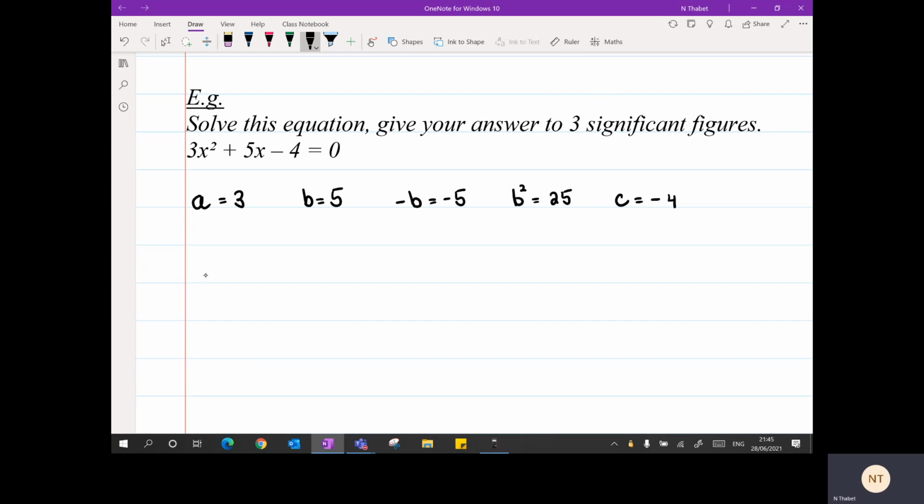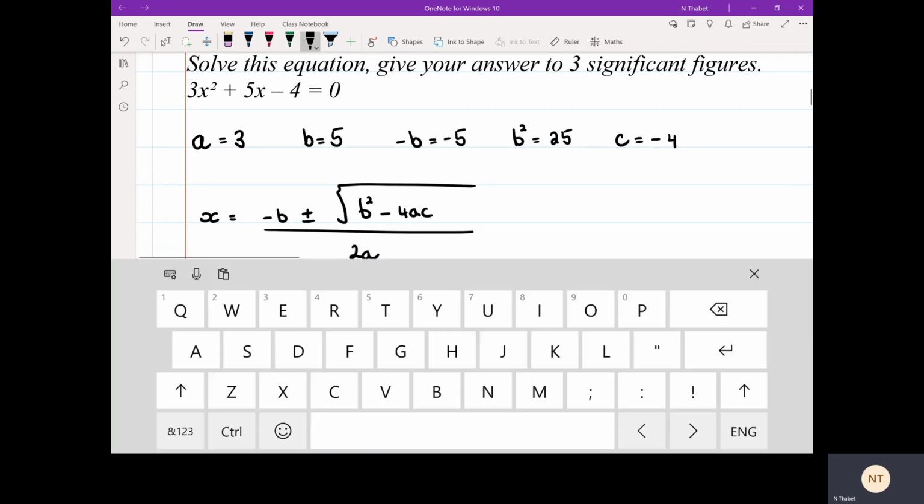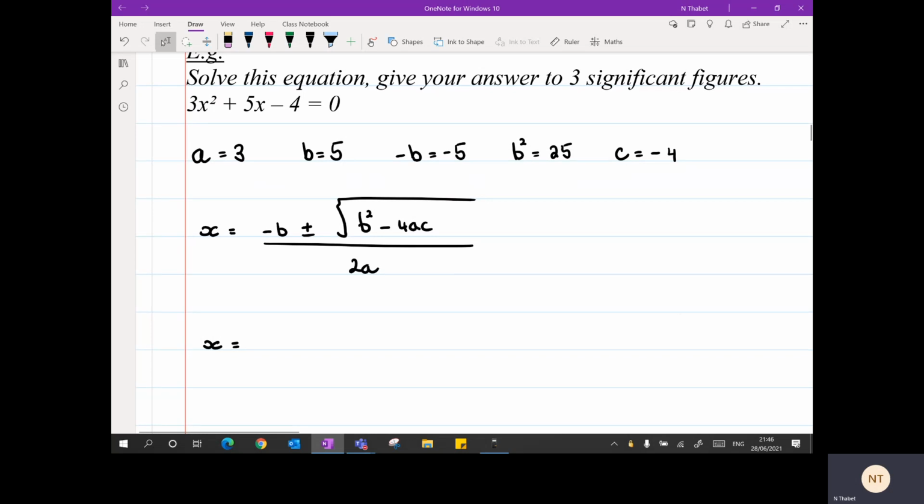And I'll remind you what the formula looks like. To get x, it's minus b plus or minus the square root of b squared minus 4ac, all divided by 2a. So let's start putting it in, and you get 2 marks for writing this out. This is usually a 3-mark question.